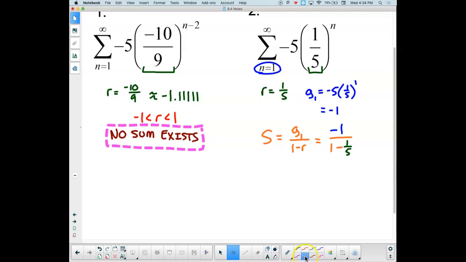Doing some fractions, 1 minus 1/5 is 4/5. Dividing by a fraction is the same as multiplying by its reciprocal. So the sum of all of the terms in this sequence is -5/4.